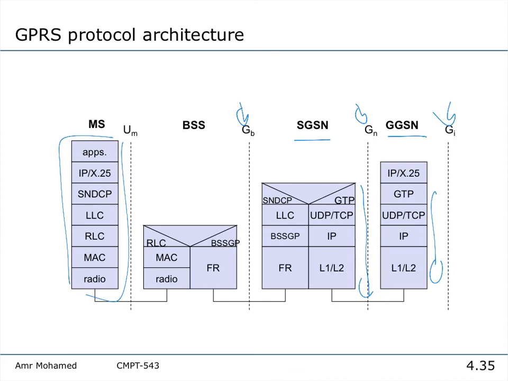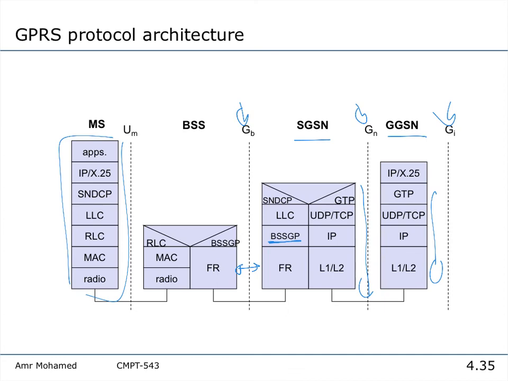For example, from BSS to SGSN, we use frame relay, which was not part of the architecture. We use something called the BSS GPRS protocol, which is totally different. Obviously, this is in the routing layer.